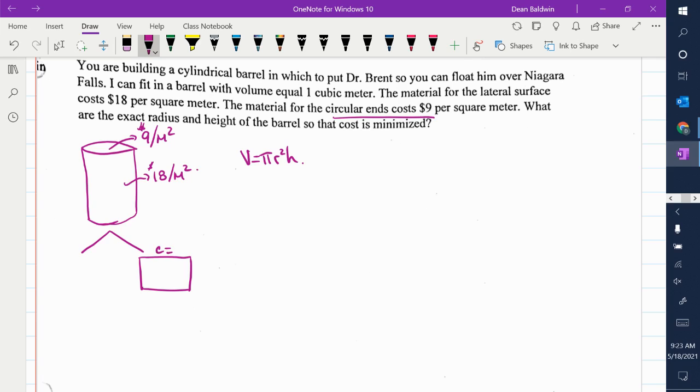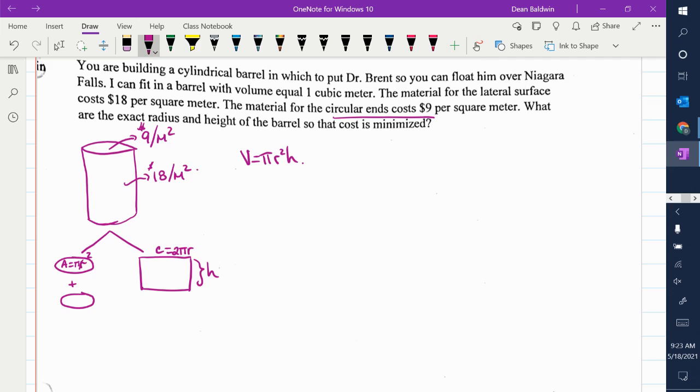And the circumference, anybody know what the formula for circumference is? 2 pi r. 2 pi r. And the height is the height. And then you have the top and the bottom, which are just circles. And area, there's 2 of them. Area equals pi r squared, not pi over r squared, pi r squared.